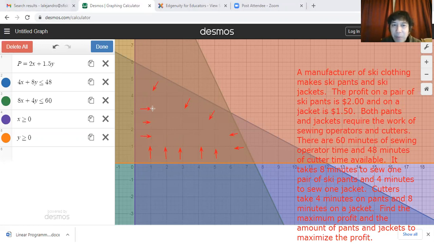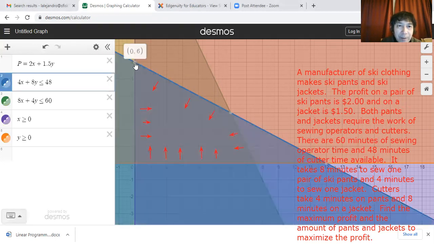All positive values for x and y. And then this is actually for the times for sewing and cutting. Now our solution will be dependent on the corner points, and we can find these corner points over here. These are the corner points.